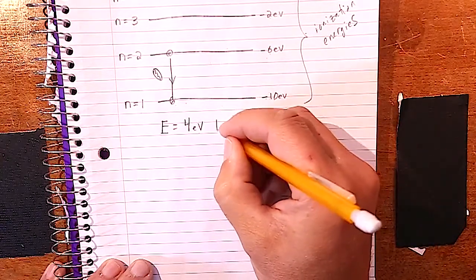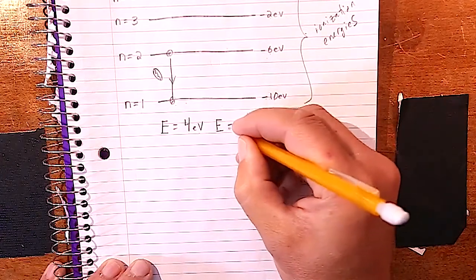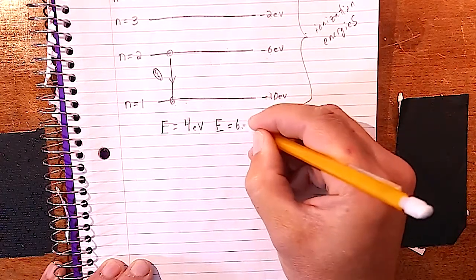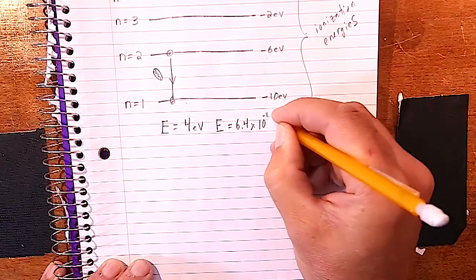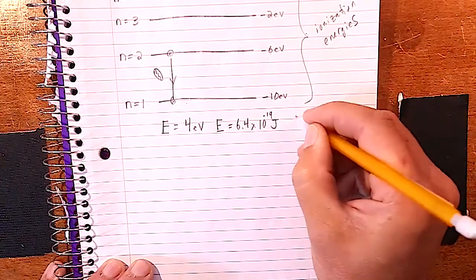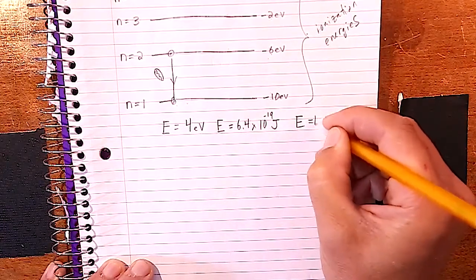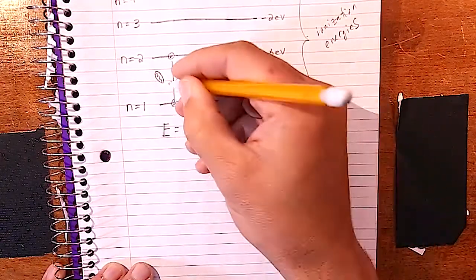So we have to convert that to joules. If you do that conversion, I'll show you how to do that. We'll do a whole problem with all the steps later. But that gives you an energy of 6.4 times 10 to the minus 19th joules.